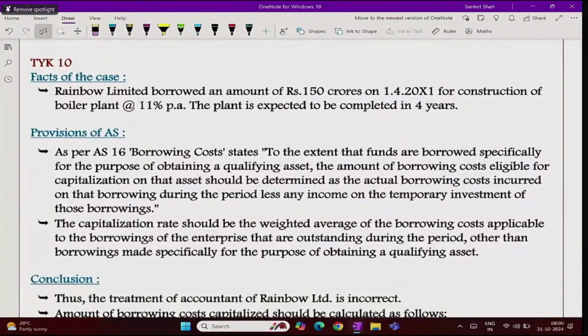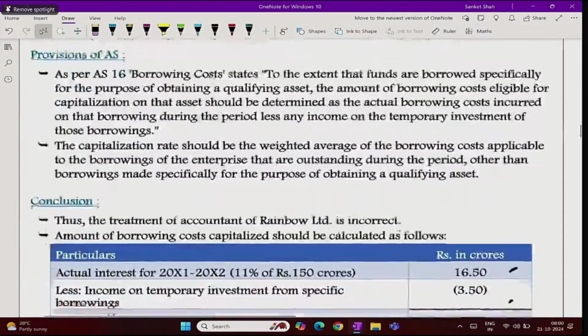The capitalization rate should be the weighted average of the borrowing costs applicable to the borrowings of the enterprise that are outstanding during the period, other than borrowings made specifically for the purpose of obtaining a qualifying asset.